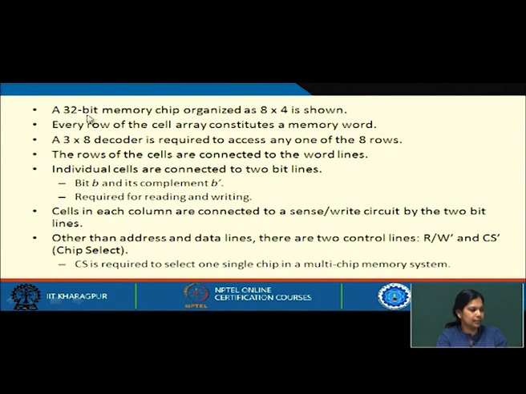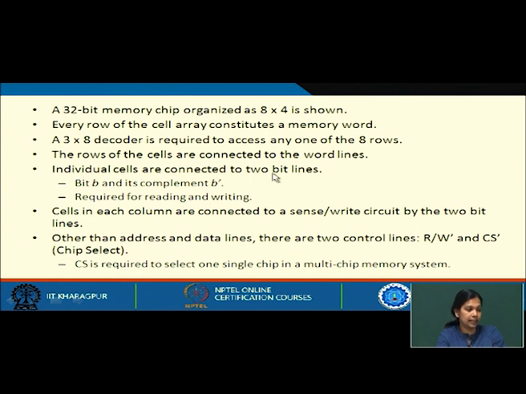So, as I said, a 32 bit memory chip is organized as 8 cross 4 as shown in the previous figure. Each row of the cell array constitutes a memory word. So, the entire row, one word, is the row. We need a 3 cross 8 decoder to access any one of the 8 rows, and the rows of the cells are connected to the word lines.